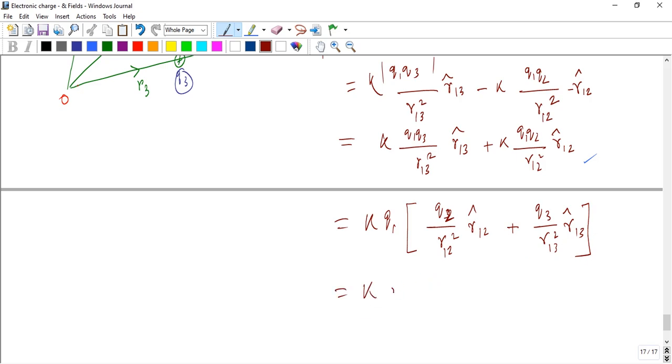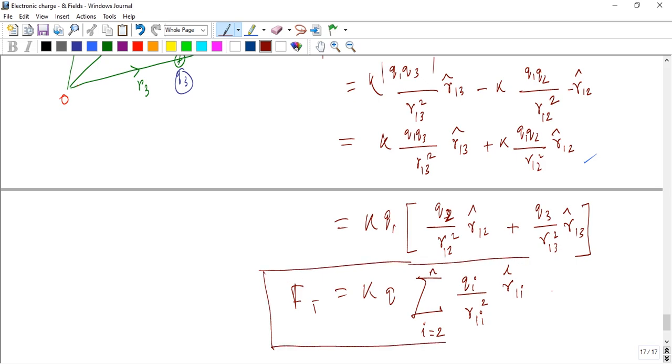If there are more charges acting on Q1, it is the summation, i equal to 2 to n particles, Qi by R1i square, R1i cap. That's the total. Easily we can solve this if one charge is negative.